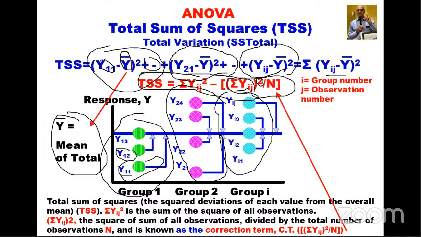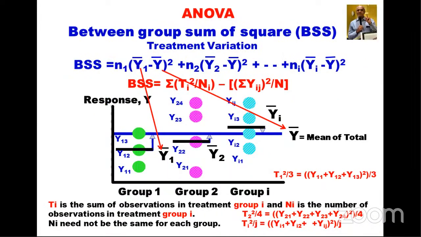So that is TSS. Then second is between the groups. What is the difference between the first group, second group and third group?